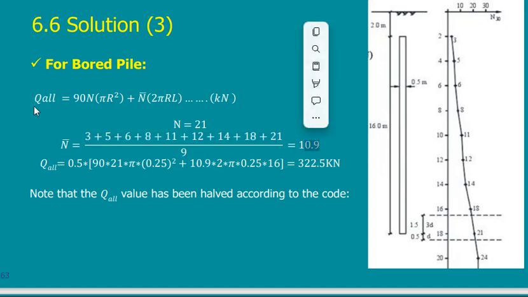So 10.9 is the n bar, which is the average value of SPT values along the side of the pile. Now I need n. This n will be used for end bearing. So it only operates here at this pile tip.